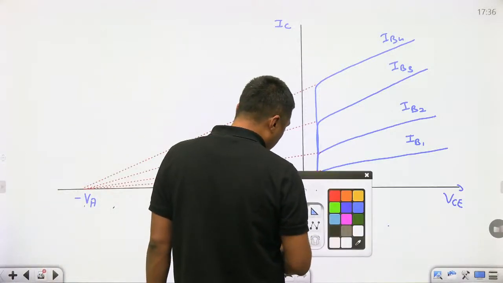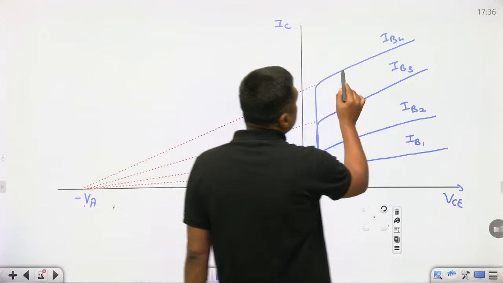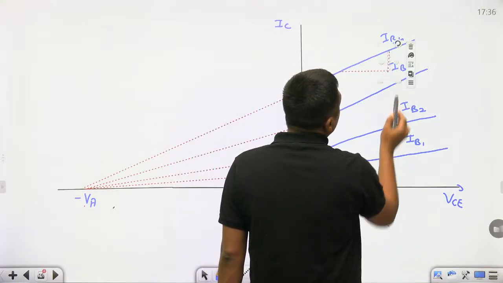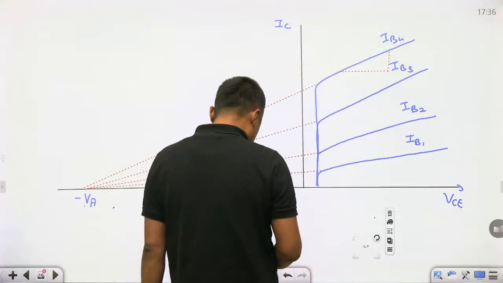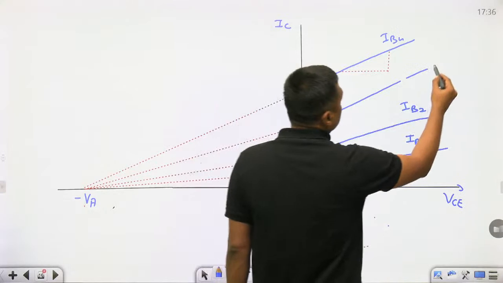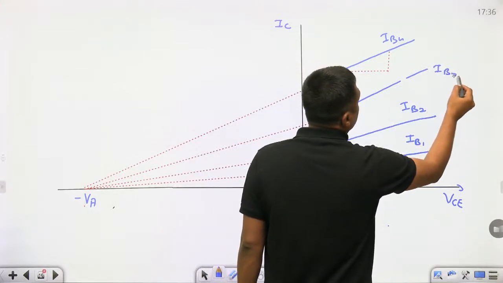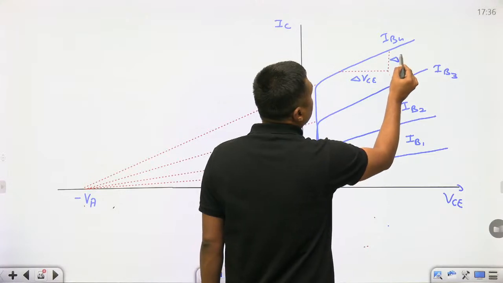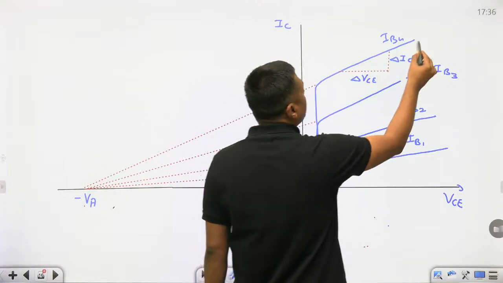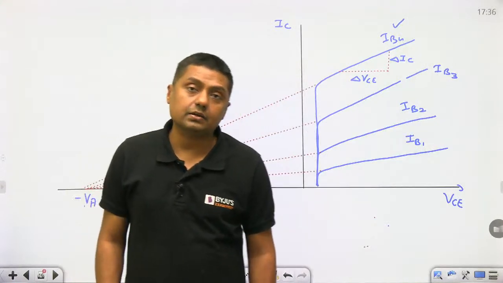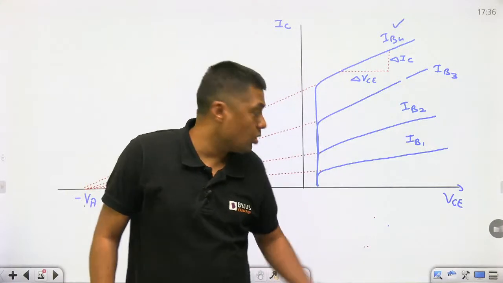For example, if you want to find the slope of this portion, then what is the change in VC, and because of that, what is the change in IC? When we keep IB constant, or VBE constant, there is no change in the base current, but there is a change in only VC.